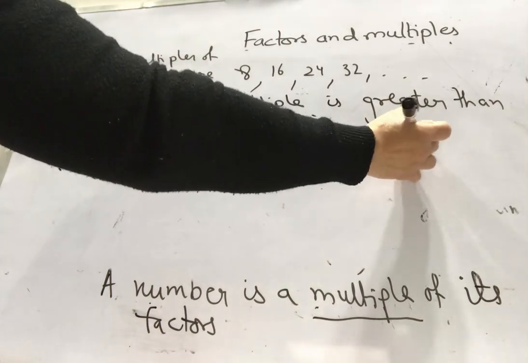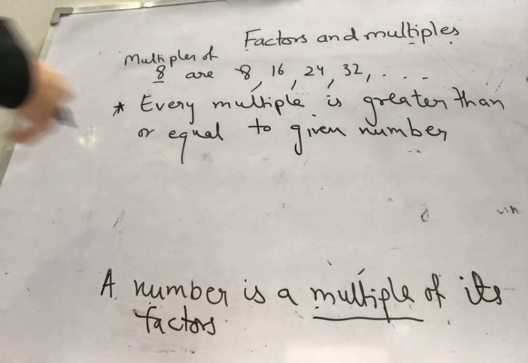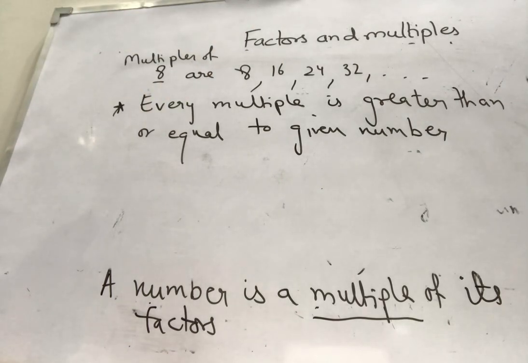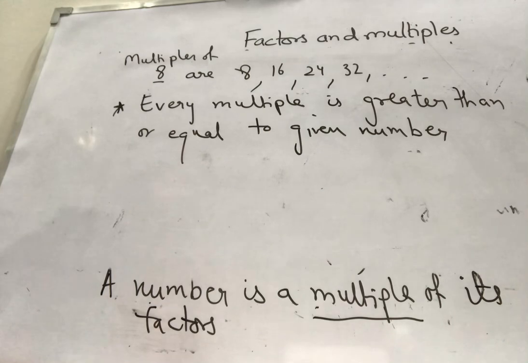We keep on multiplying 8 into 1, 8 into 2 and so on, and we get the multiples. Now you can see these dots, that means there is no limit.